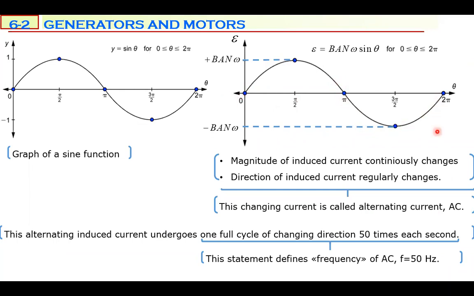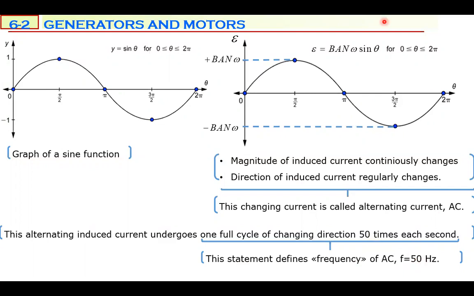It is one full cycle. This alternating current undergoes one full cycle of change in direction 50 times each second. So there will be 50 cycles in 1 second. This defines the frequency of this alternating EMF, represented by f equals 50 Hertz.